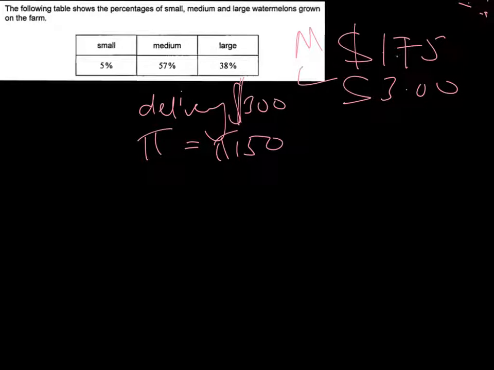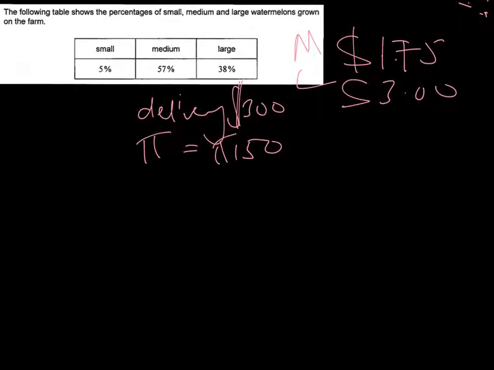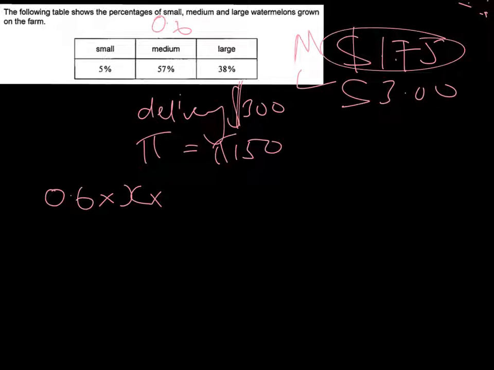To do that, we need the probability of getting a medium watermelon, which we worked out in the previous question was 0.6. So the expected income from sales of medium watermelons will be the probability of getting a medium watermelon multiplied by the number of watermelons, which we can call X, multiplied by the price of the medium watermelons, 1.75.